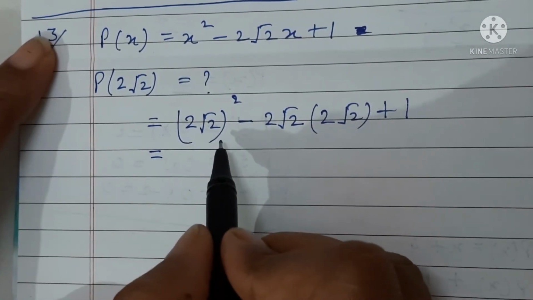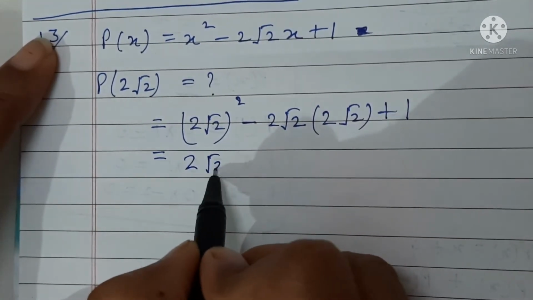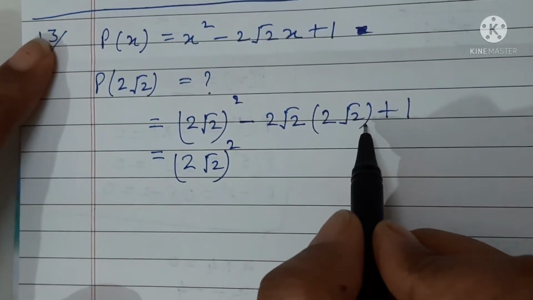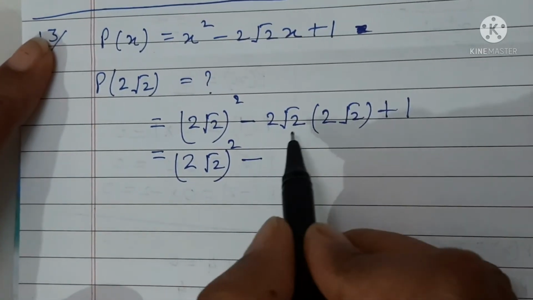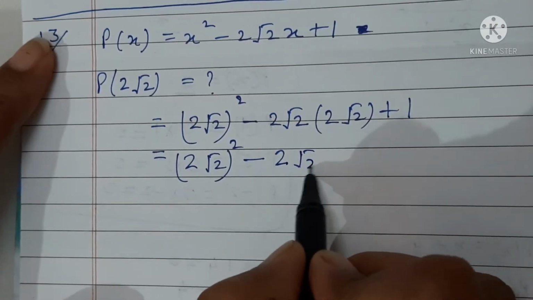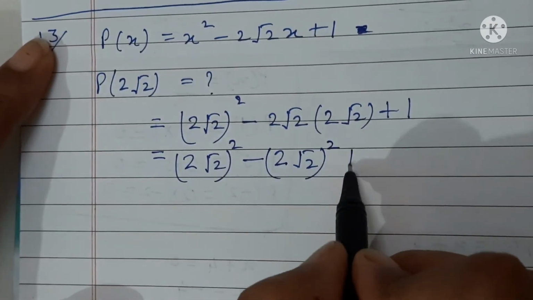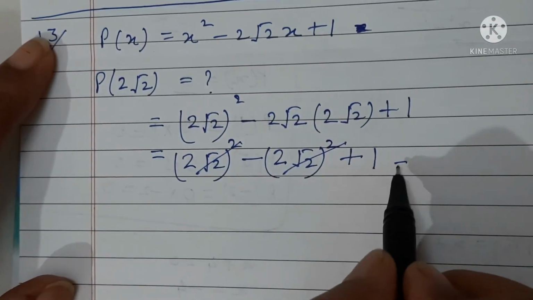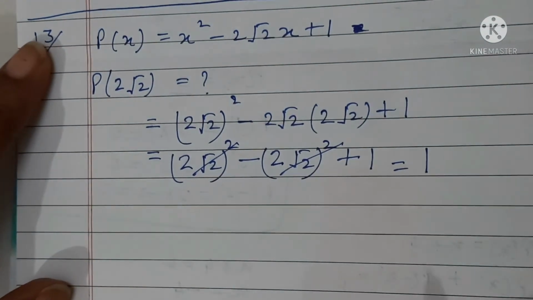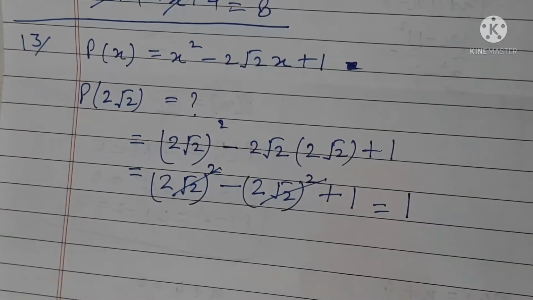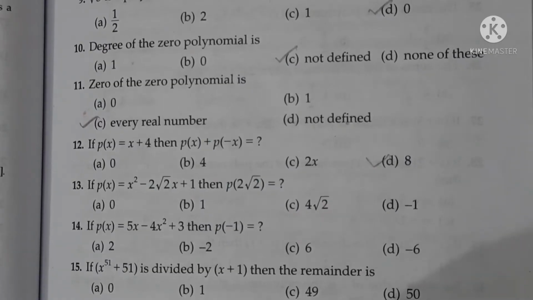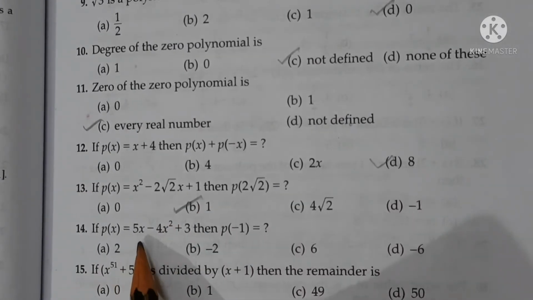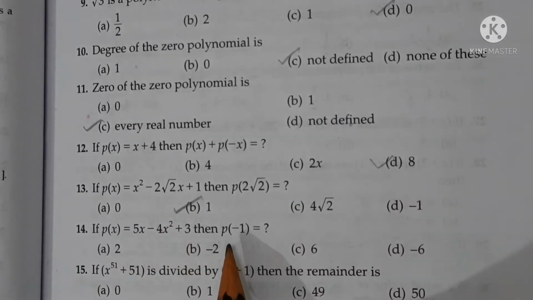This becomes 2 root 2 square, and here 2 root 2 and once again 2 root 2. So you can also write it 2 root 2 whole square plus 1. Both are cancelled, you will get 1. So our option B is correct.